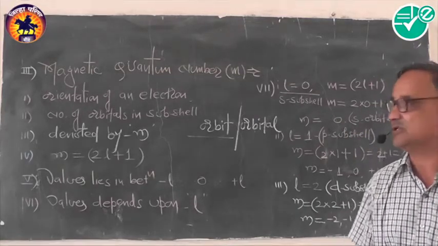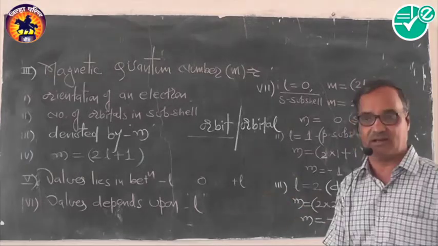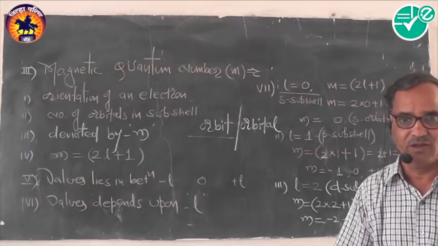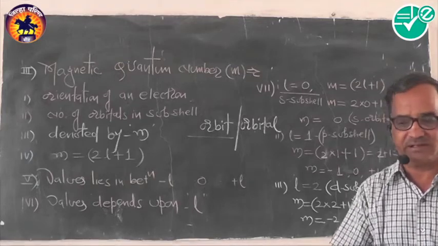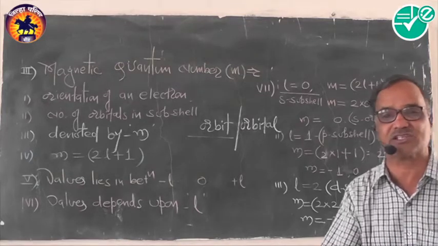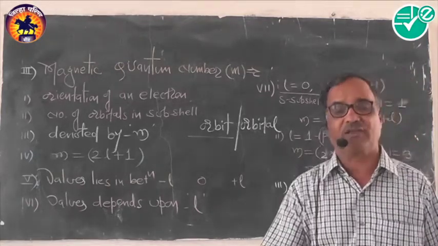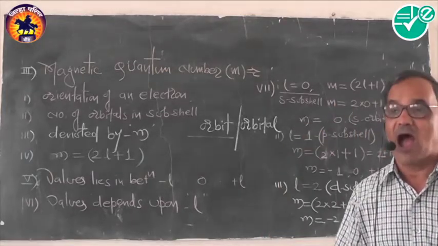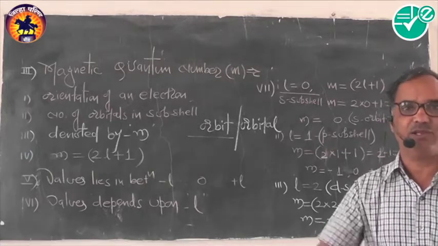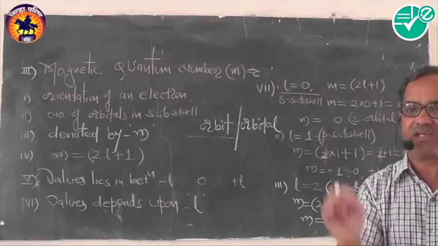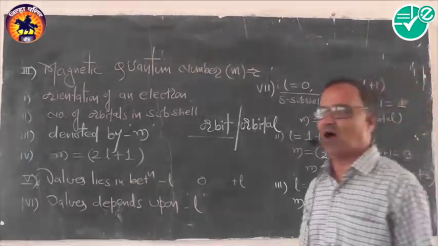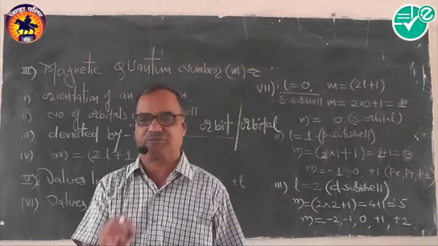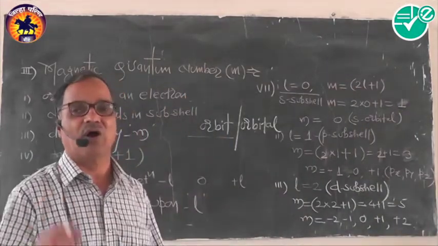So what is an orbital? An orbital is the space or region in the sub-energy level around the nucleus in which there is a maximum probability of finding the electron.